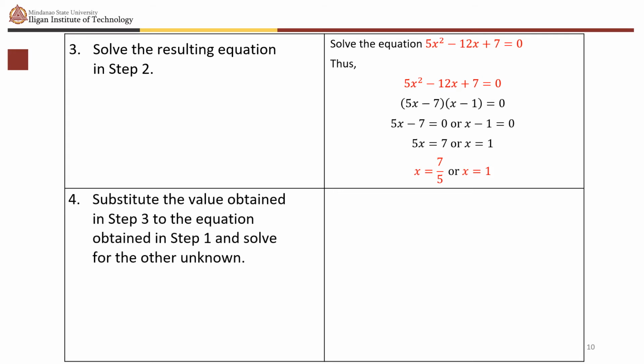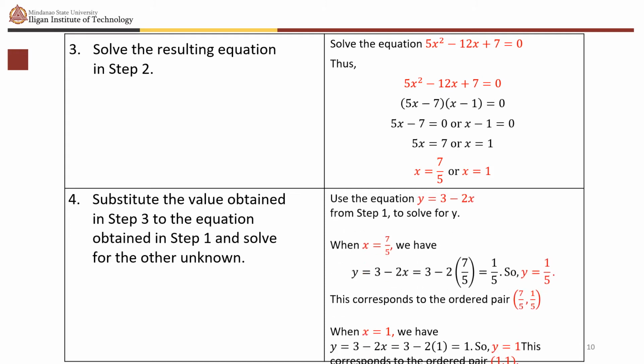So for step 4, substitute the value obtained in step 3 to the equation obtained in step 1 and solve for the other unknown. And then try to use the equation y equals 3 minus 2x from step 1 to solve for the value y. So when x equal to 7 over 5, you can substitute x equal to 7 over 5 to the equation y equals 3 minus 2x.